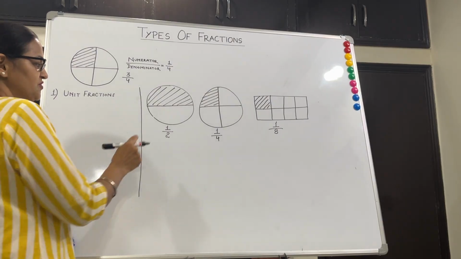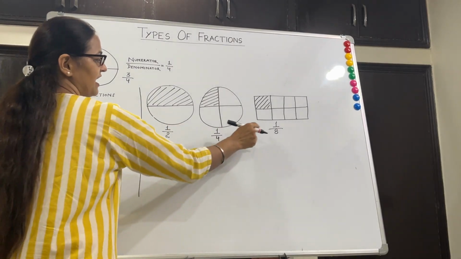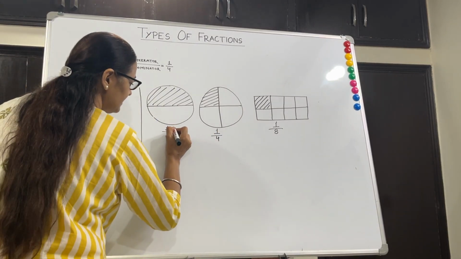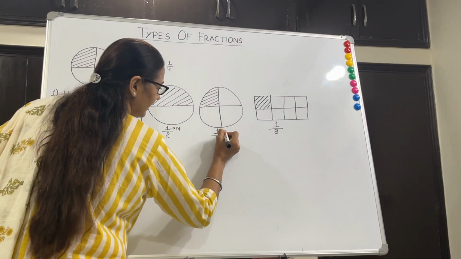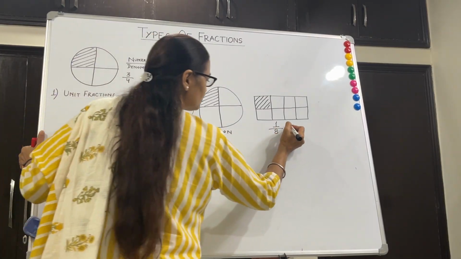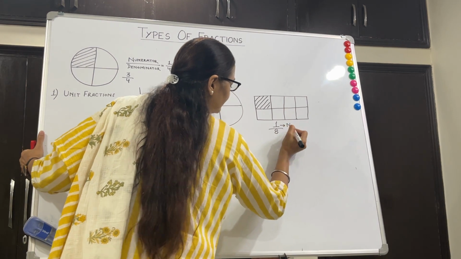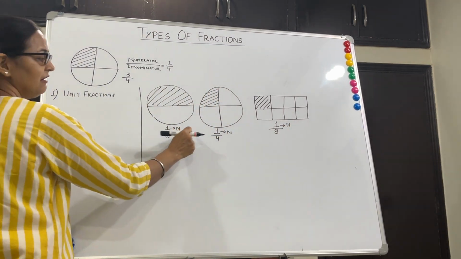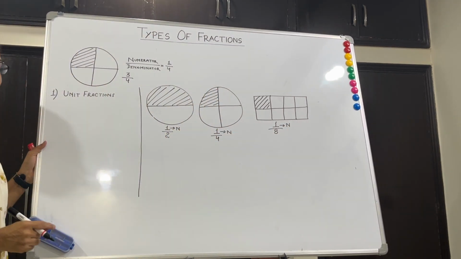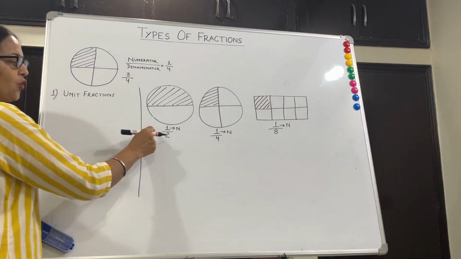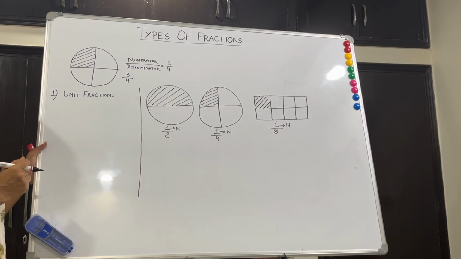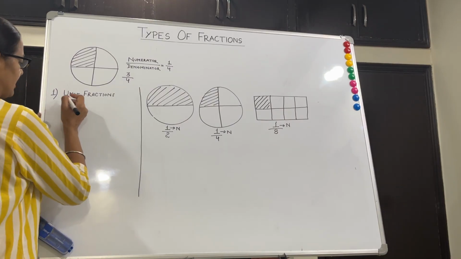Now if you observe, in all these fractions, the numerator is 1. In every fraction, the numerator is what? 1. So the fractions which have numerator 1 are called unit fractions. Such kinds of fractions are called unit fractions.